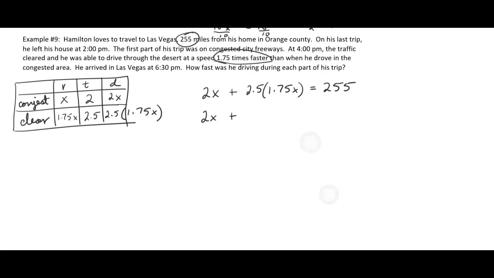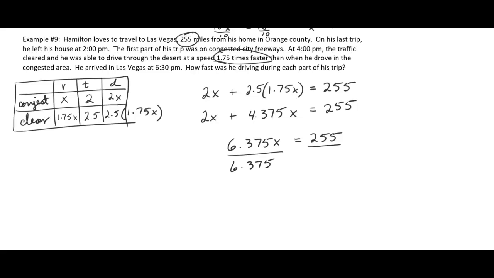I got 4.375. Okay. Check it on your calculator, make sure I'm doing it right. Okay, now can I add 2 and 4.375? Yeah, so it's going to be 6.375x equals 255.